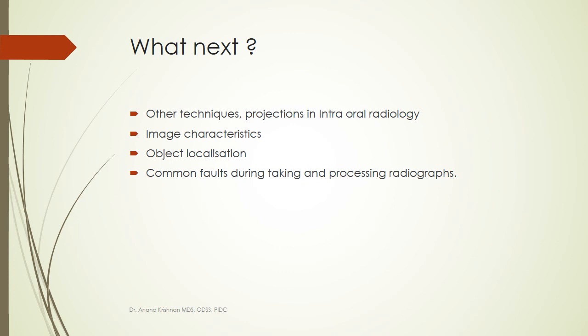The visual method is when you visualize each step as you go by, whereas in the time and temperature control method, everything is done in a controlled environment: the temperature of the solution, the temperature of the room, the duration for which you have to immerse the film in each solution, and the composition of the solution are all predetermined. Since this lecture has gone a little longer, I'll explain the visual method and time temperature control method more elaborately in the next lecture of our series.